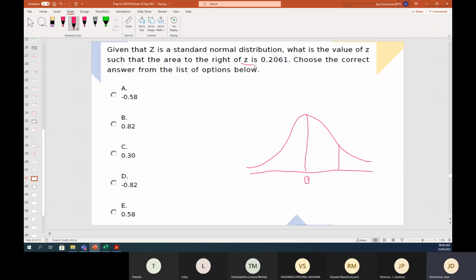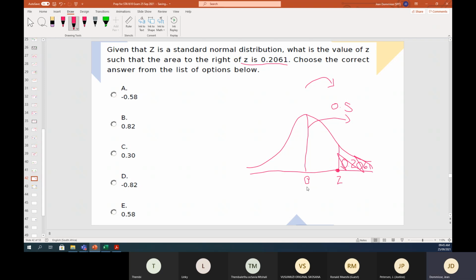I'm looking for a Z where, to the right of that Z value, the area is 0.2061. If that is 0, to this side it's 2.5. So this whole area is 2.5. Let's say that is my Z, and that area is 0.2061. So I need to work out what that Z is.